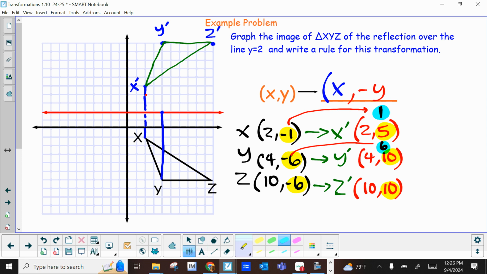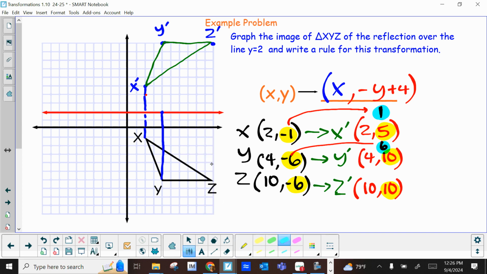You're just going to add 4. So believe it or not, this is kind of like a double transformation here. Okay, so we're going to add 4. That's it. Okay, so this is kind of like a composite transformation where you've reflected over the x-axis and you move up 4. Okay, now let me give you a quick hint on what to do on this. Let me get my highlighter.